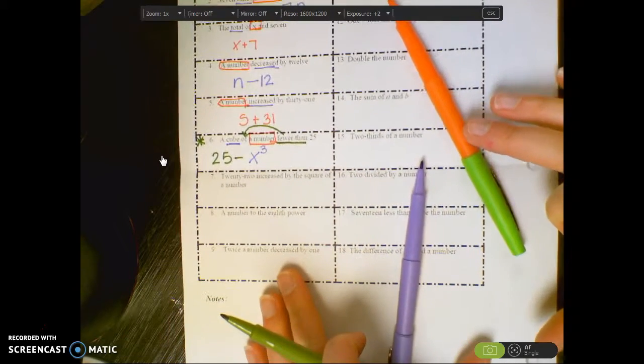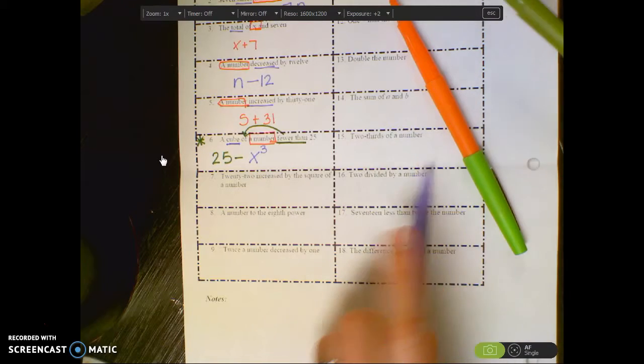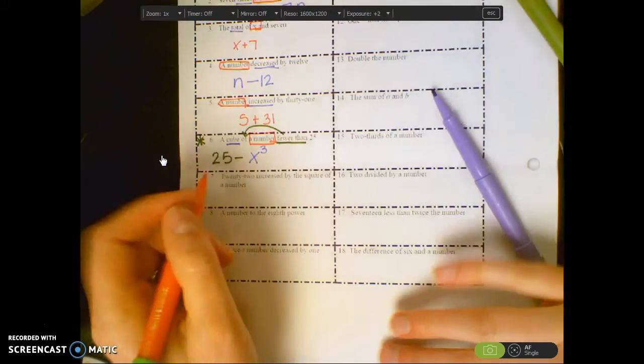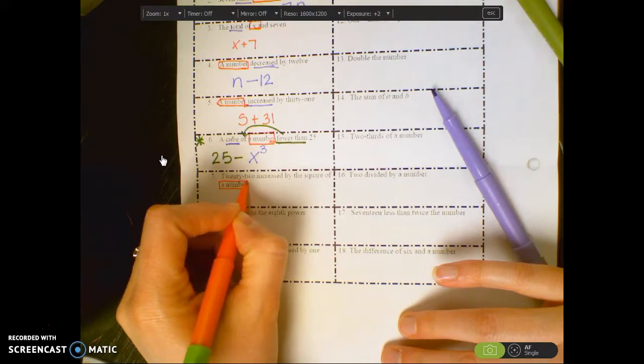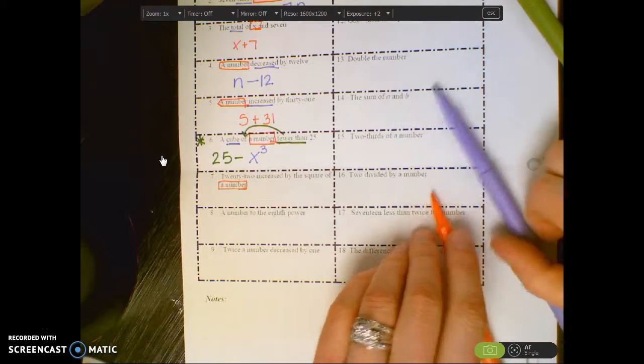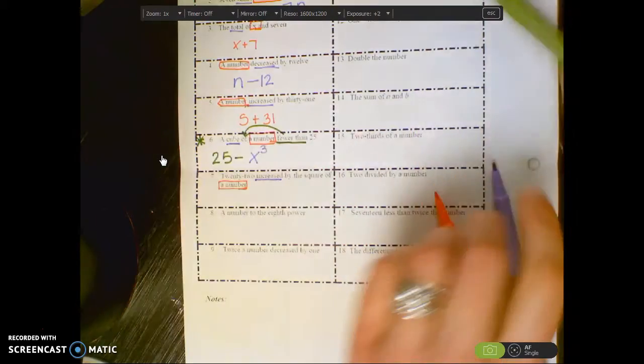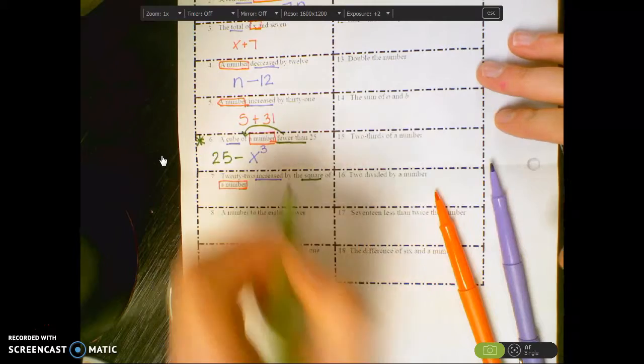All right, number 7, 22 increased by the square of a number. A number, 22 increased by the square of a number.